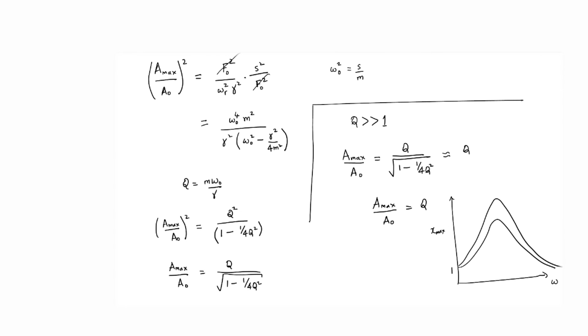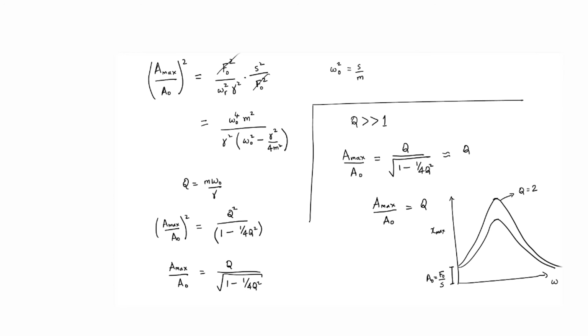So, this value could be the reference value, which is A 0 equal to f 0 by s, and every other peak here is written in terms of this reference value A 0. For instance, this curve could be the case of q equal to 2.